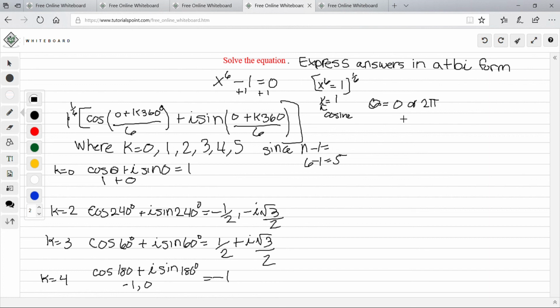And then let's do k equals 5. So it should be cosine of 300 plus i sine of 300. So cosine of 300 is positive 1/2, and then sine of 300 is negative root 3 over 2 times i.